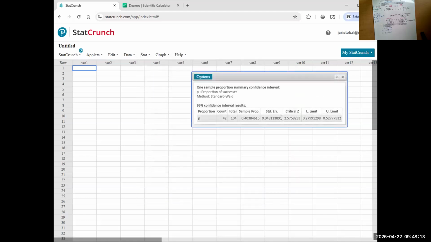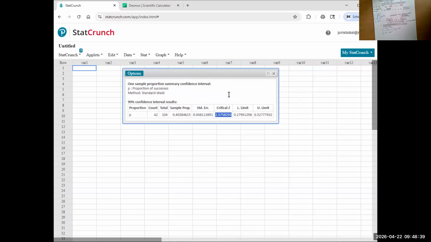So now our critical z-score, 2.5758293. What we'll commonly see is that z cutoff value with 99% confidence, 2 decimal places, 2.58. Okay, that 5 here rounds the 7 up, so we go 2.58 commonly.